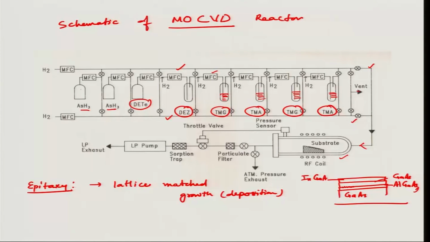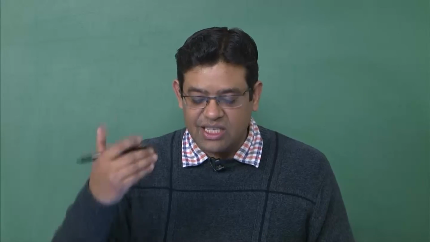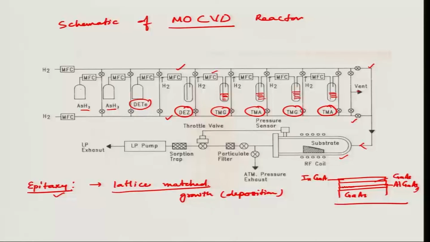And of course, these epitaxial growths are usually done on single crystal substrates, where you have a definitive crystal structure, and the thin film which is growing on top of it has a similar crystal structure, okay, or almost exactly the same. So, that is what we mean by epitaxial growth, and we will discuss this in the next lecture.